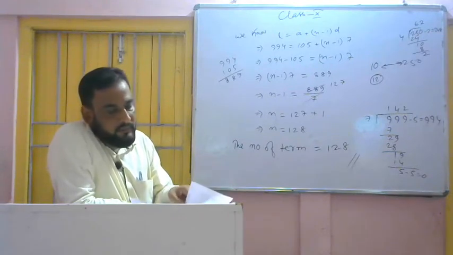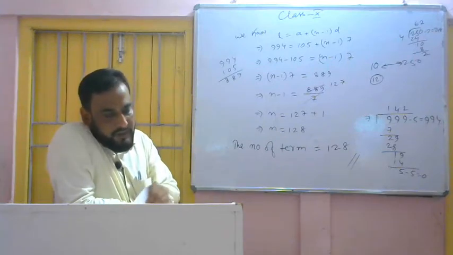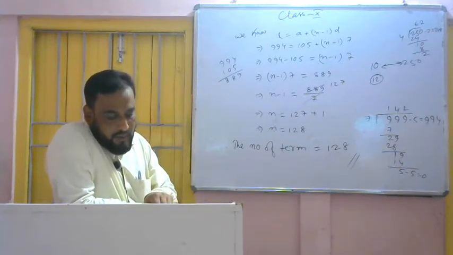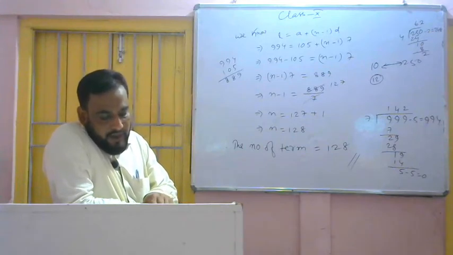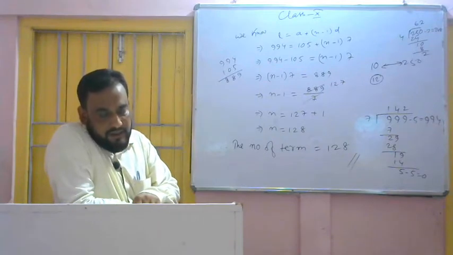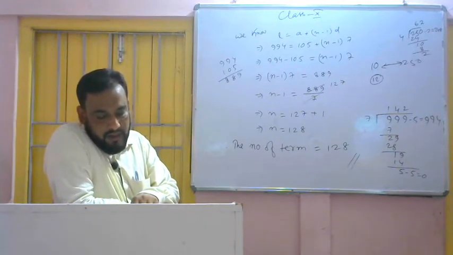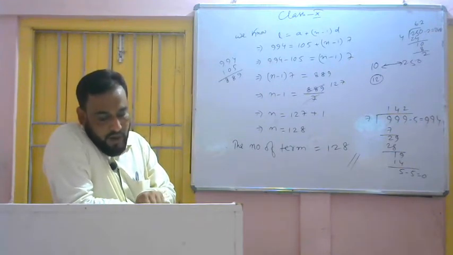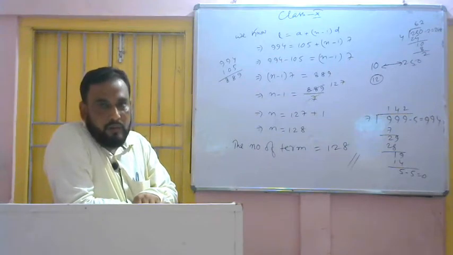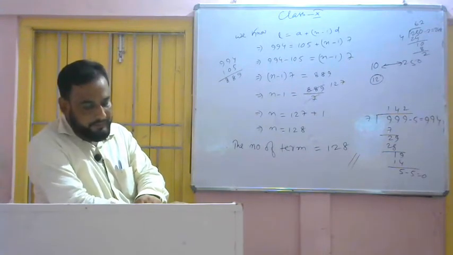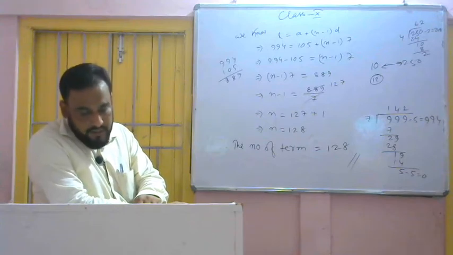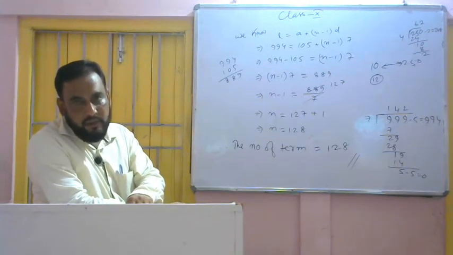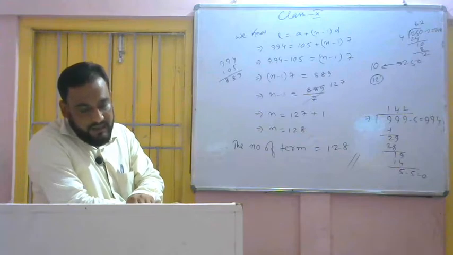Question number 15. Question number 14 remains homework, and then question number 15. For what value of n are the nth terms of the 2 APs 63, 65, 67 and 3, 10, 17 equal? 2 APs are there. Here the first term is 63, second term is 65, that is common difference is 2.